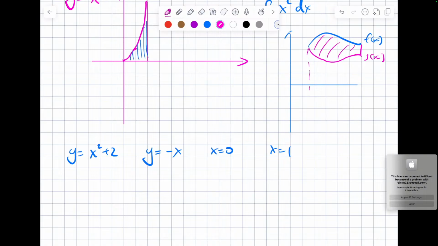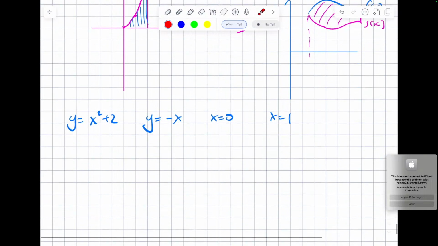Because you take the area of this whole thing, which is under the curve, subtract the white piece of area, and then you get the area in between. Does that make sense? So just top minus bottom.